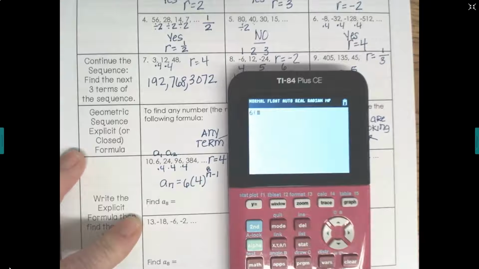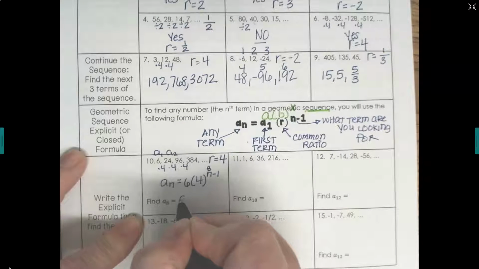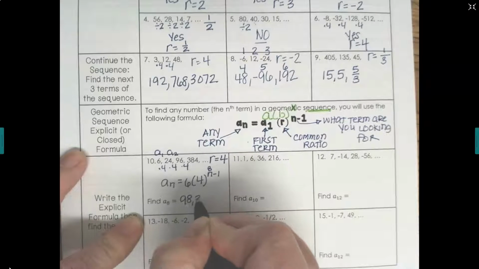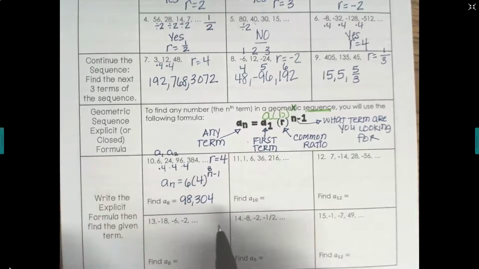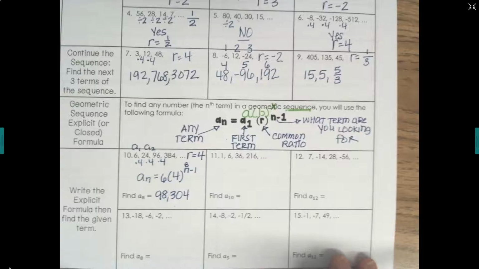So we have the first term times the common ratio raised to the 8 minus 1 gives us 98,304. We could have kept following this pattern of multiplying by 4 until we got out to the 8th term, but we can just plug it into the formula and jump right to it. So let's try it again.